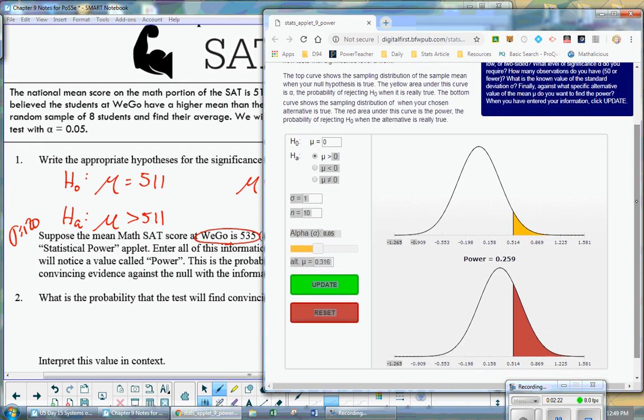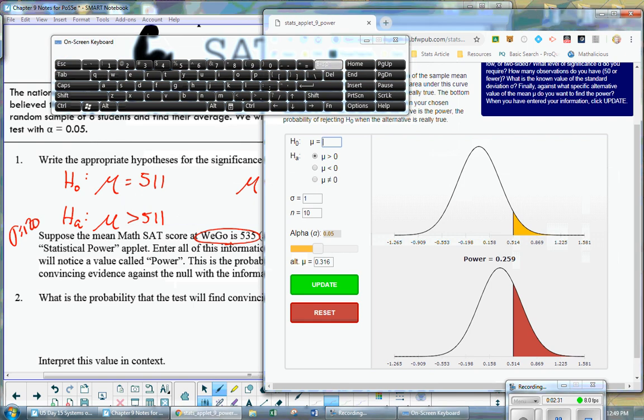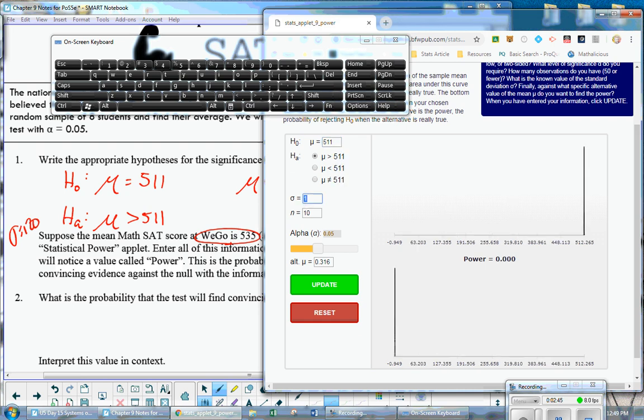And so what we're going to type in is this. We have a mean of 511, and we want a mean bigger than that, so that's the alternative hypothesis. Our standard deviation here is 120.